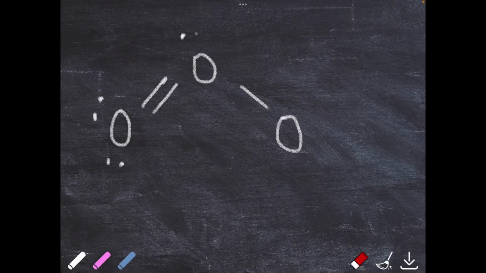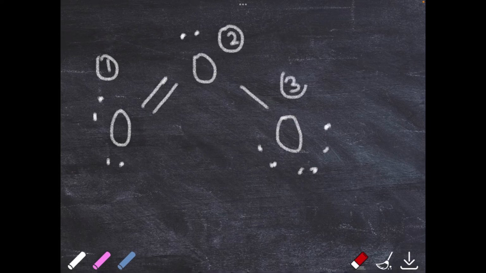It will have one lone pair of 2 electrons here, and 6 electrons here, which are not involved in bonding because it is bonded to the other atom by a single bond. If this is 1, this is 2, and this is 3, then let's calculate the formal charge on each of the oxygen atoms.